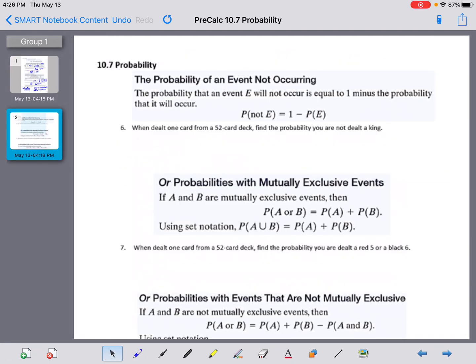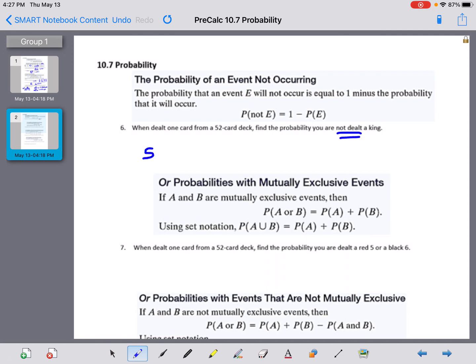We're still going to go, this is all more theoretical probability, but we have the probability of an event not occurring. So if something is definitely going to occur, it's 100% or 1. So if it's not occurring, we're going to do 1 minus the chance that it would occur, okay? So it says when dealt one hand from a 52-card deck, find the probability you are not dealt a king. So if I'm not dealt a king, I'm going to find out first what's the chance I'm dealt a king.